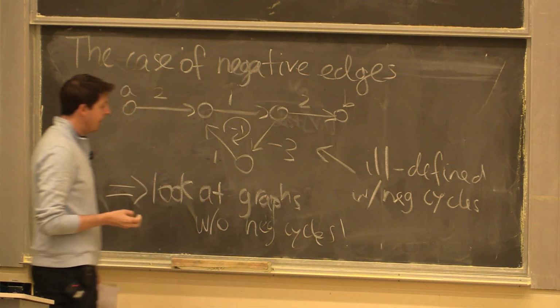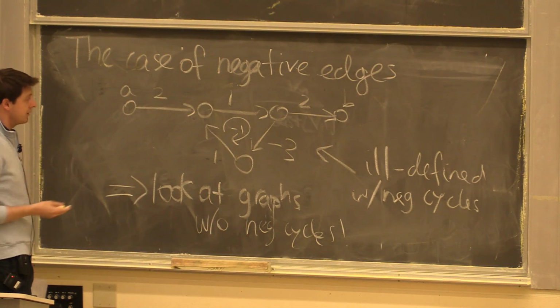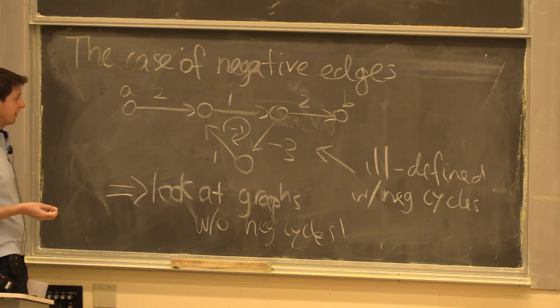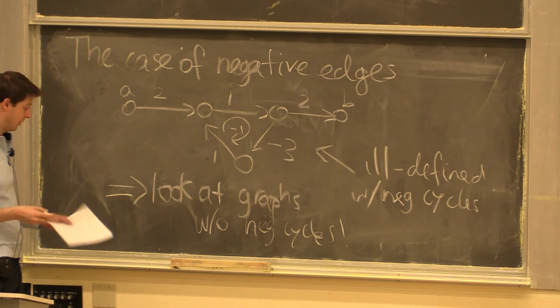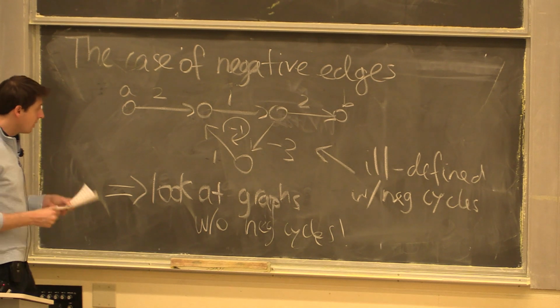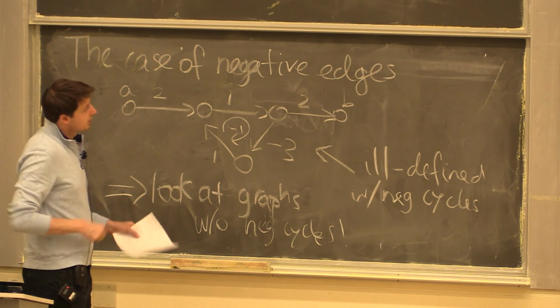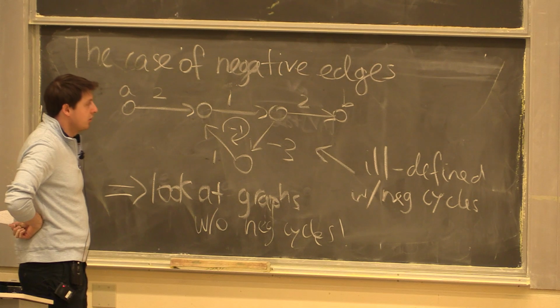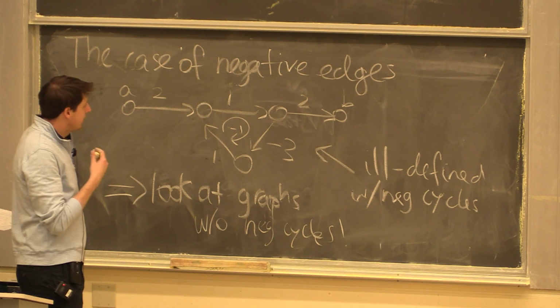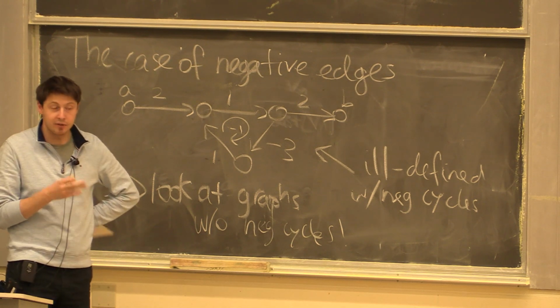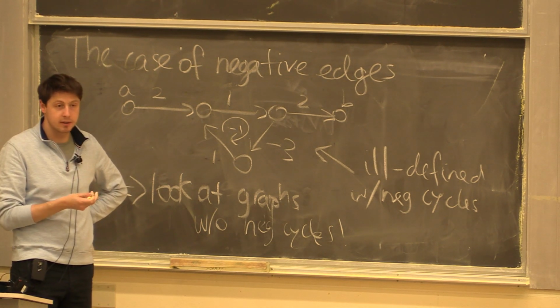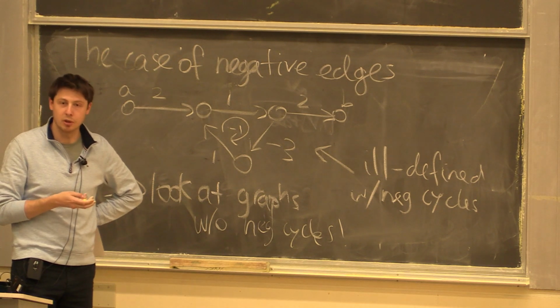Okay? It's good to check these things. You don't want to try to solve problems that are ill-defined. But now it is well-defined, so we can ask the question again. But now we immediately have an issue, because the fact that all lengths were positive was crucial.